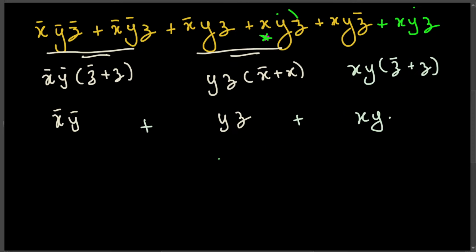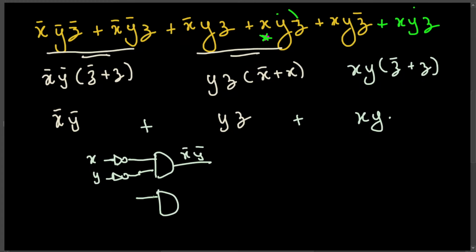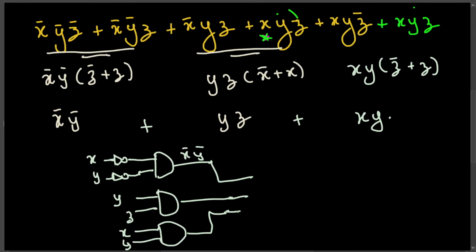If you want to draw this using logic gates, it's going to look like this. We are going to have an AND gate with x and y inputs with NOT gates like this, and the output of this one is going to be x prime y prime. Another AND gate has the inputs y and z, and another AND gate has the inputs x and y, and all of them are connected to an OR gate because an OR gate acts like addition.